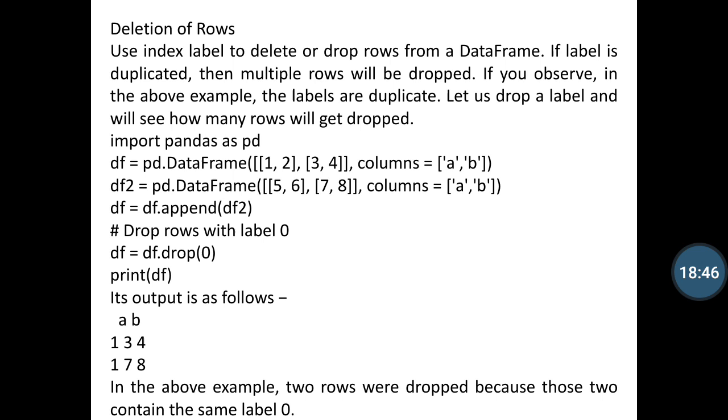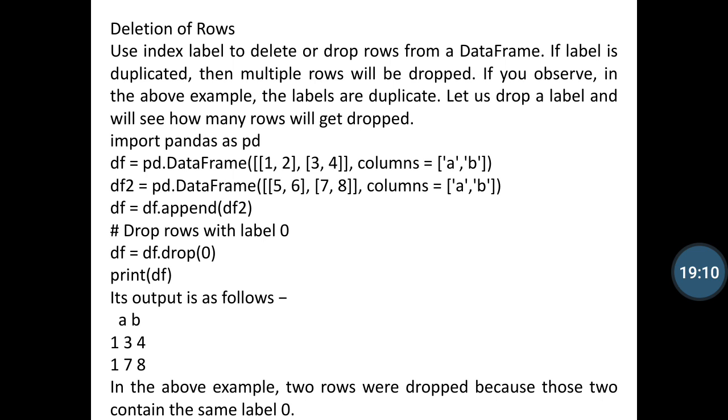Then after a comment message for dropping label 0, I define df equal to df.drop, put the index value 0 in the drop method, and then print df.